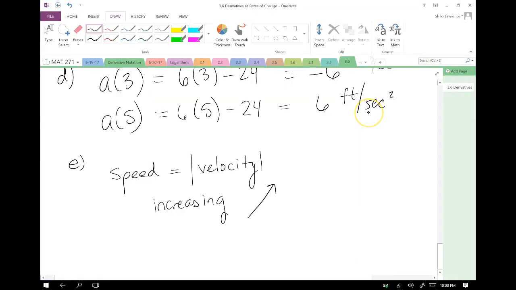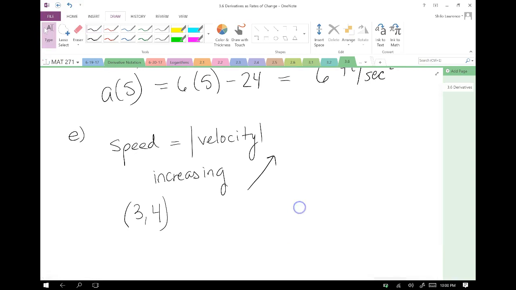So that was happening between 3 and 4. And we always use parentheses for these intervals unless we're using an endpoint. So 3 to 4 and 5 to 7, and I'm going to use a bracket on the 7 because the 7 is an endpoint.